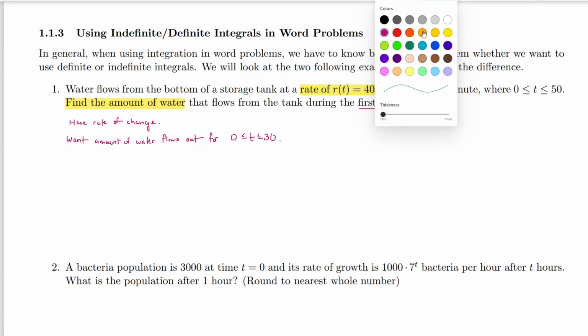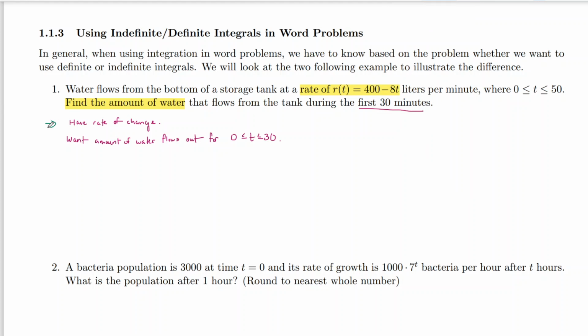Right, and just to highlight this even more, this is what we're given. We're given the derivative in general terms, and we want the original. Well, what do we want to actually know about the original? Let's pretend that f of t is the amount of water at time t.